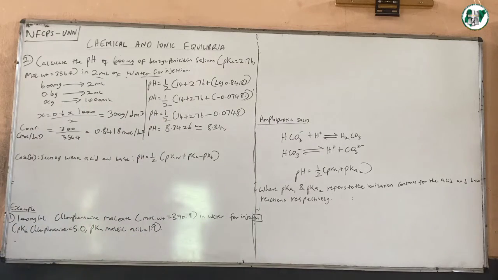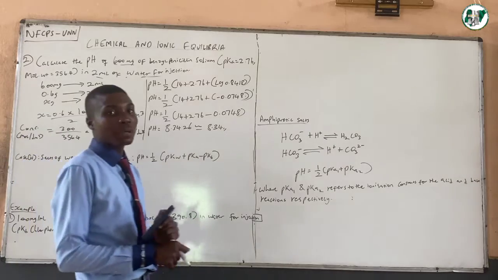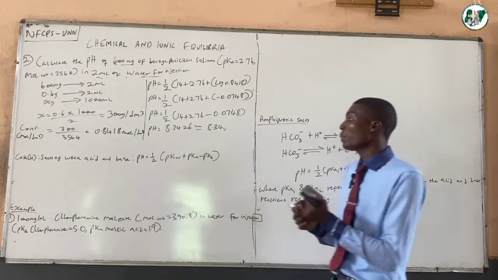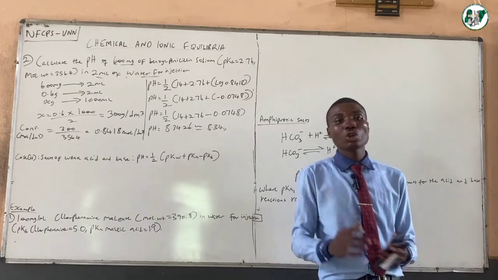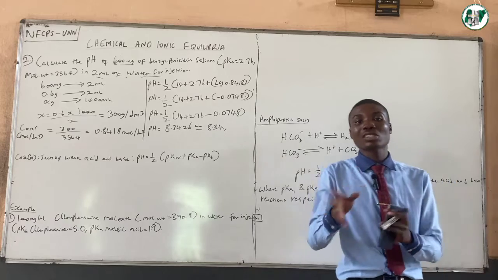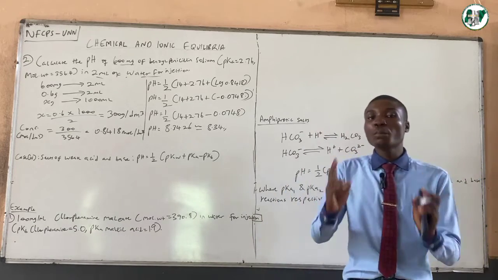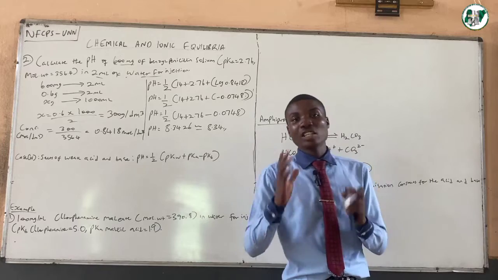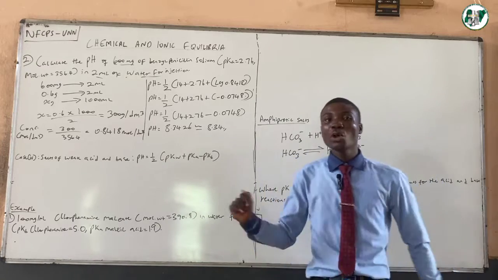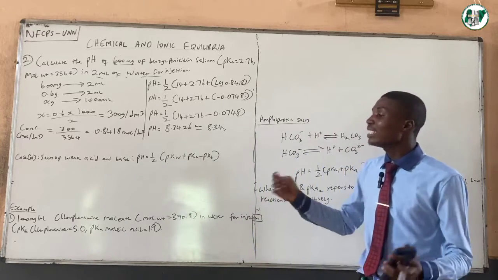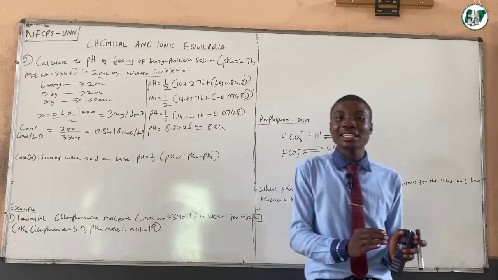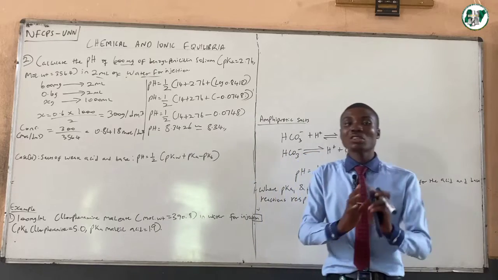Alright, so the next case we have here is case 4, a case of salt of a weak acid and a weak base. Because we have a weak acid and a weak base, they will not undergo complete dissociation in water. So the pH is supposed to be 7, which is neutral. But the challenge we have is that the degree of dissociation of the weak acid and the weak base is dependent on several factors.